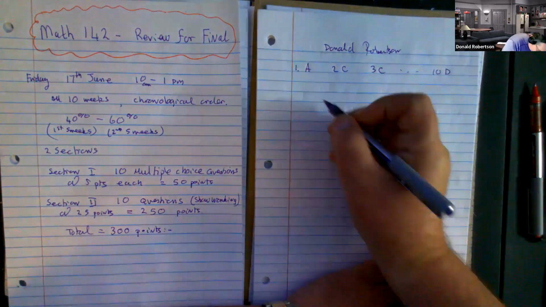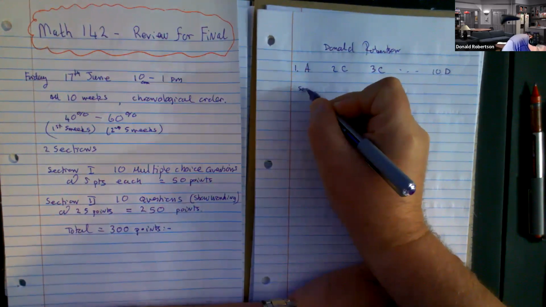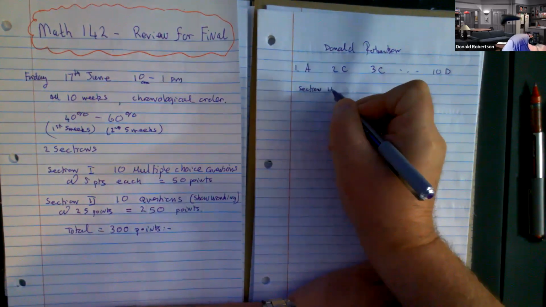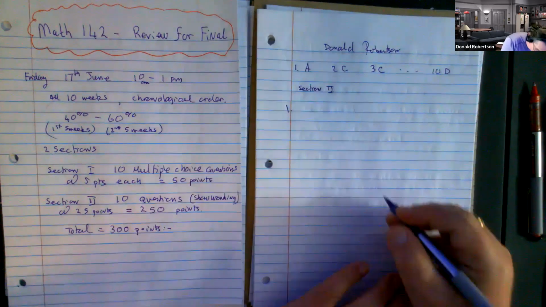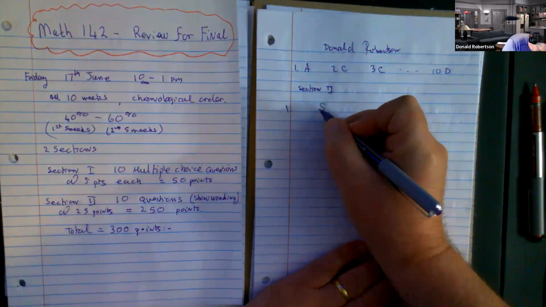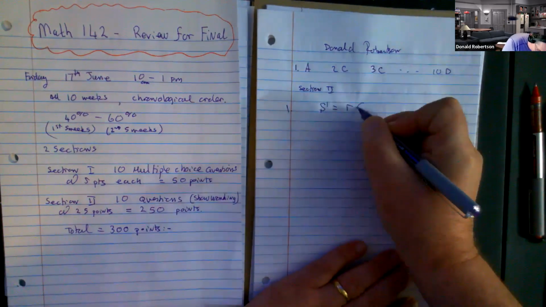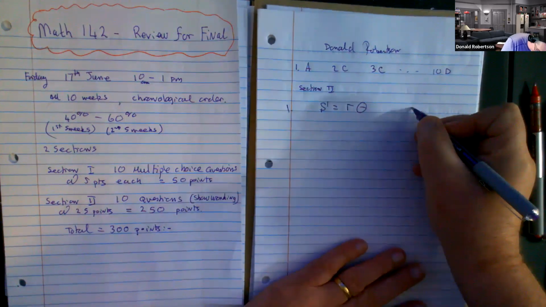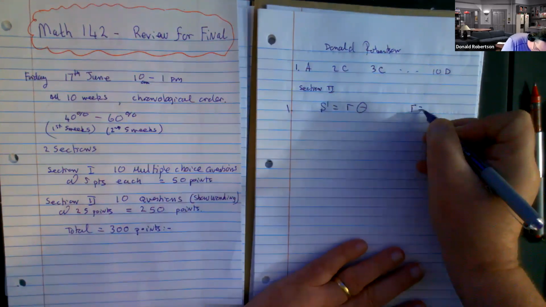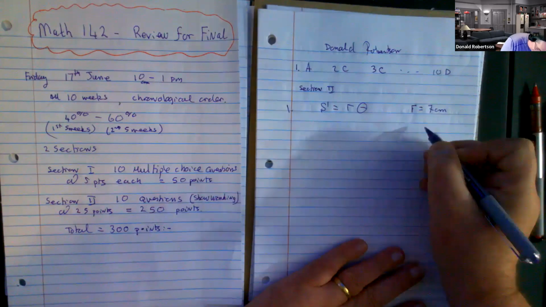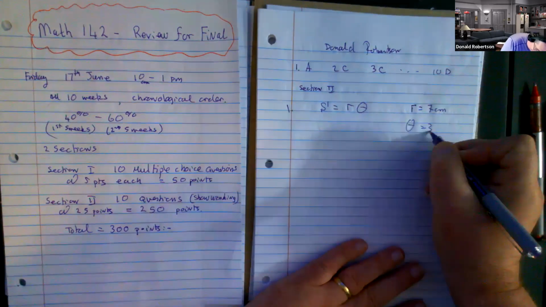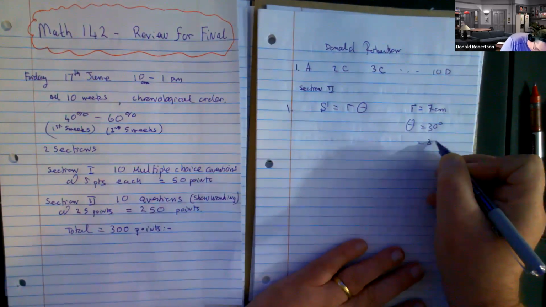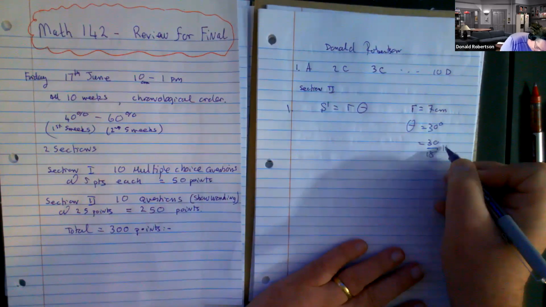And then section 2. Question 1, I don't know what the question was. You find the arc length, it's r times theta. To get the radius, it's 7 centimeters, and theta was 30 degrees, but you knew that you had to turn it into radians.